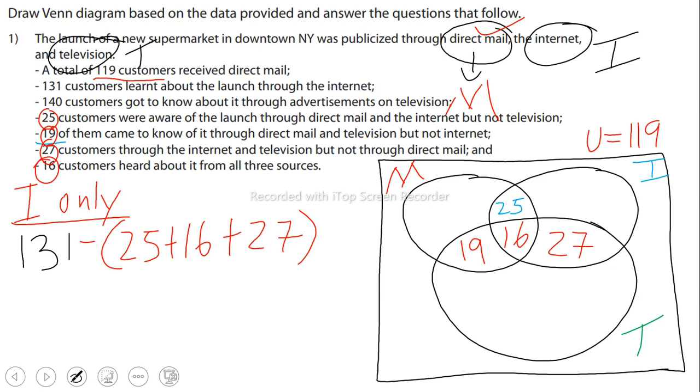So 25 plus 16 plus 27. What is that? Let me add them. That's 68.